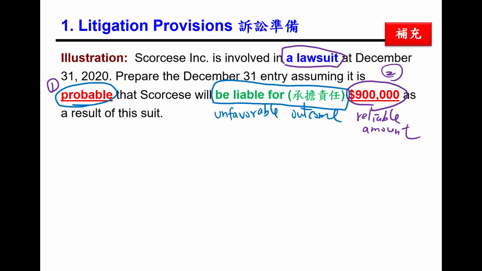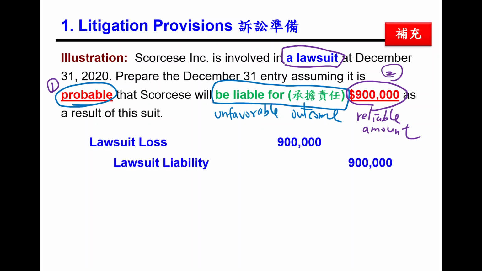So what's the journal entry? Debit what? Credit what? We have the lawsuit liability, how much? $900,000. Also, it makes us have a loss. This is how we report the situation.